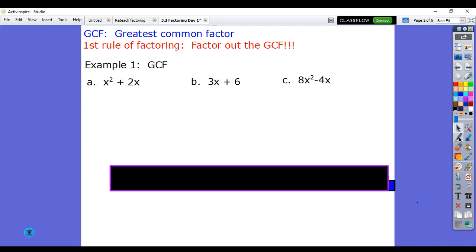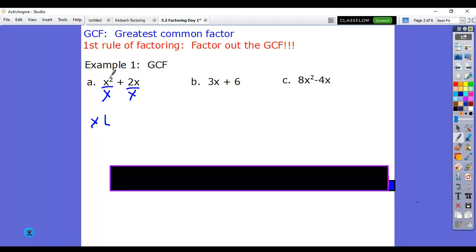All right, for example, if you look at each term, what do they both have in common? They each have an x. So we're going to factor the x out front, and in parentheses, what happens if we divide each of these by x?